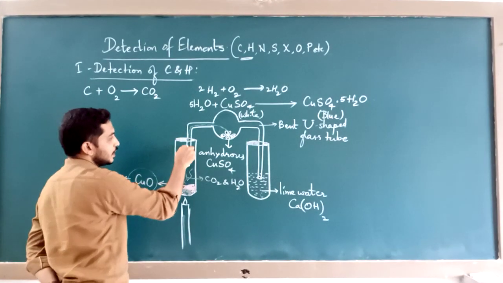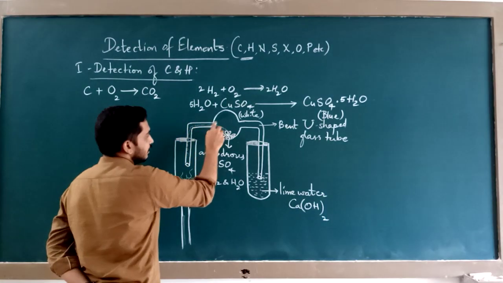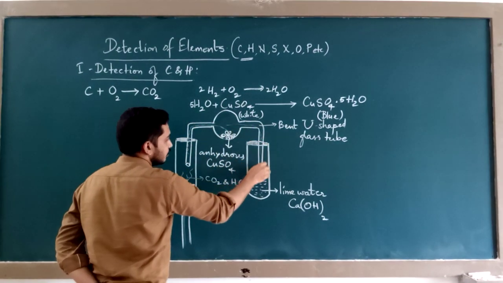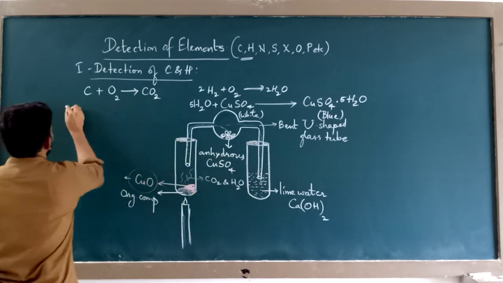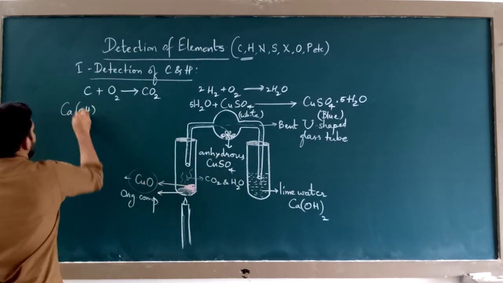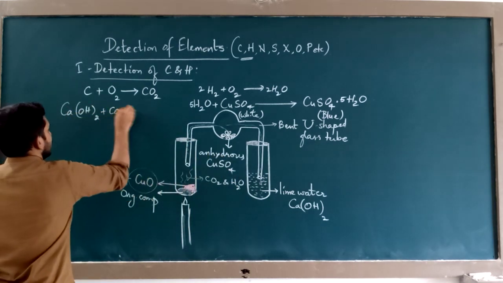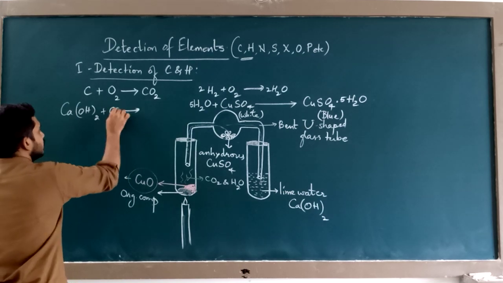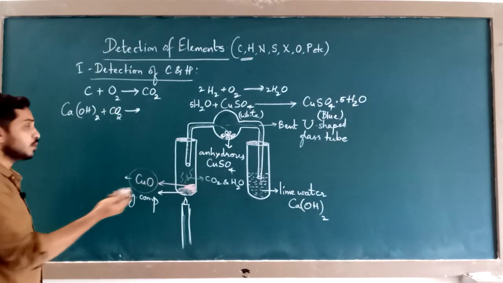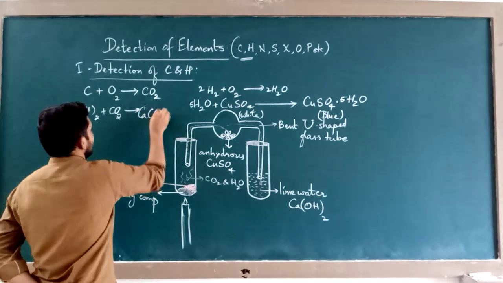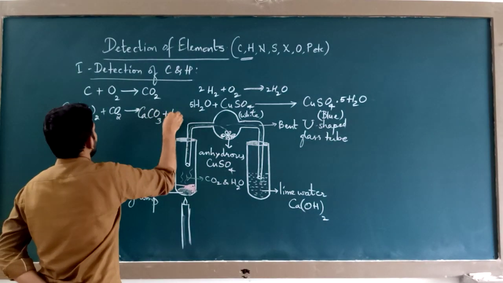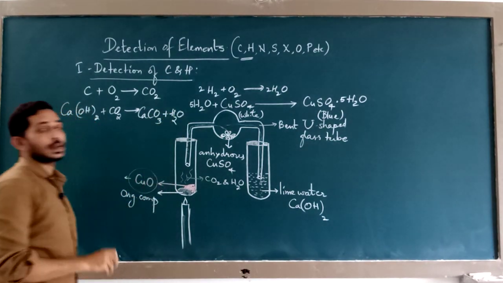So these carbon dioxide vapors, while traveling, come in contact with this lime water. When carbon dioxide comes in contact with lime water, then what happens? Then you will have calcium carbonate and water formed again.